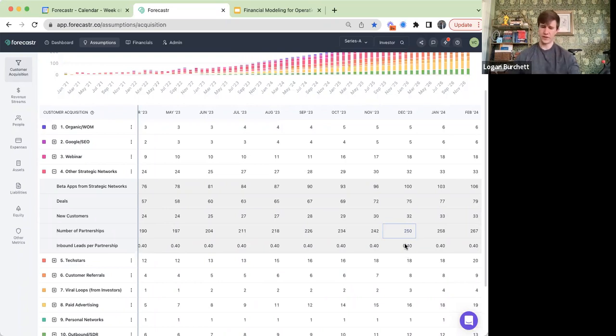We can see if it's going off the rails. If we're diverging from this plan, we can see where, and because we can get way ahead of it, we can even throw resources towards it to de-risk this. Let's say we're in the middle of the year, in July, and we've only got 180 partnerships. Let's say we're way off track, and Jeff is on the call with us. He's our director of strategic networks.